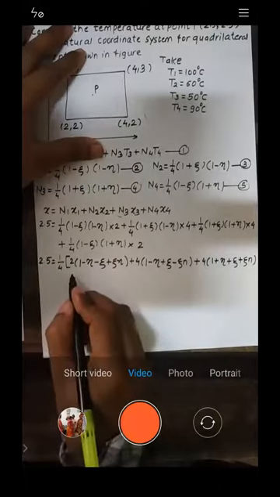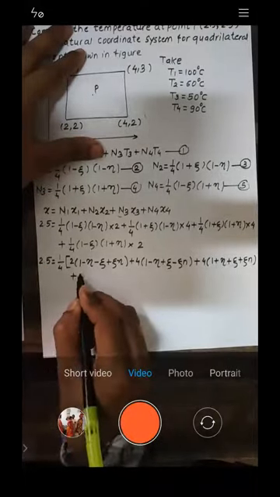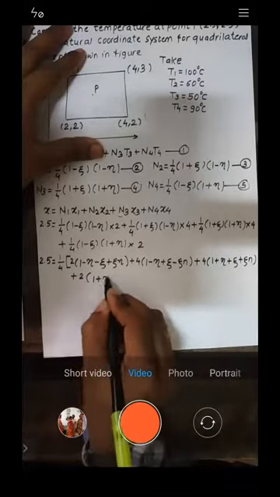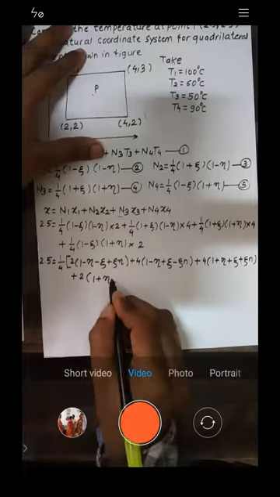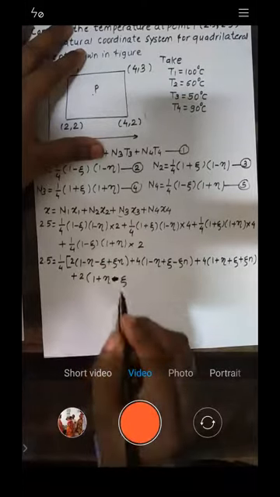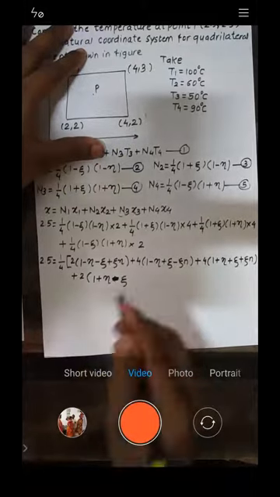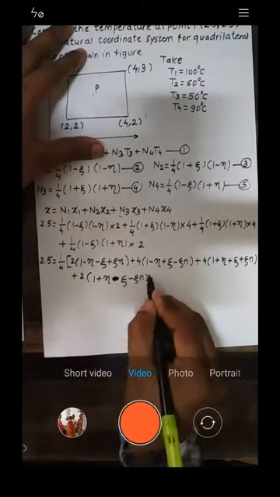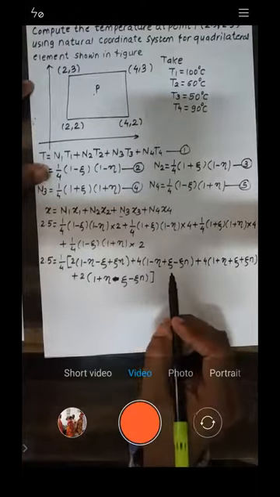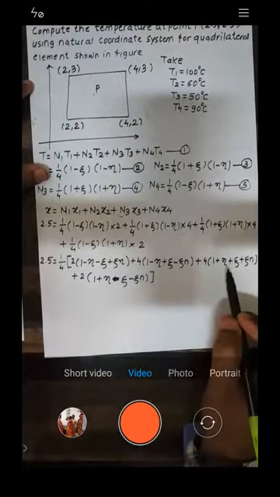So I'll write plus 2. 1 into 1 is 1. 1 into neta is neta. Minus zeta into 1 is minus zeta. And minus zeta into neta is minus zeta neta. Is it okay with this one?